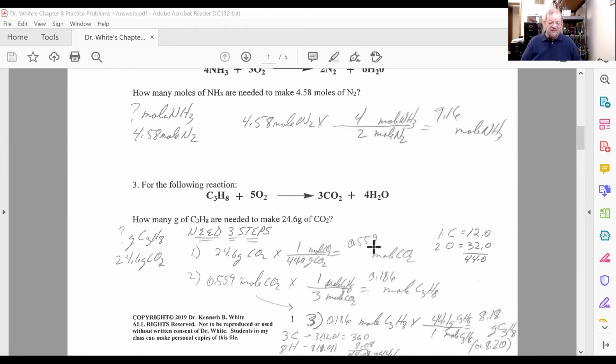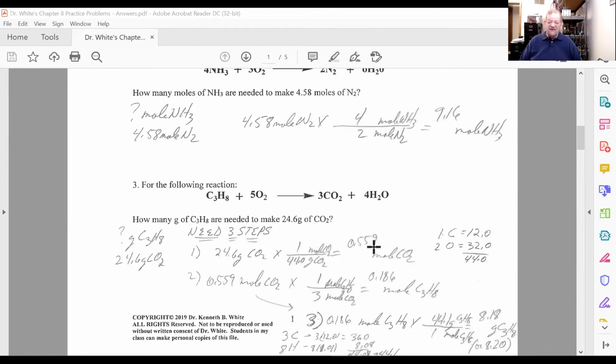We have 3 carbons, 8 hydrogens. Remember to use 3 significant figures for all atomic masses. You add it up, do the proper significant figures for addition, and the molecular weight of propane to the proper significant figures past the decimal is 44.1. Do the math.